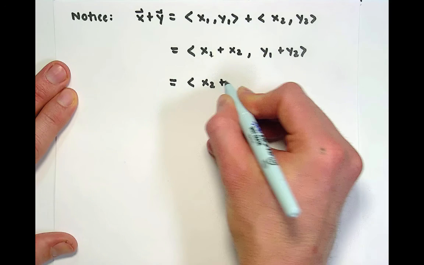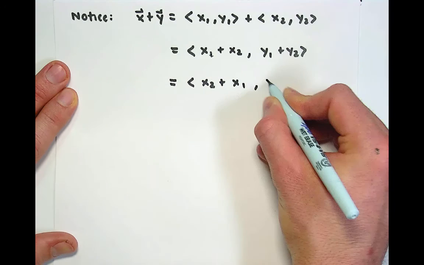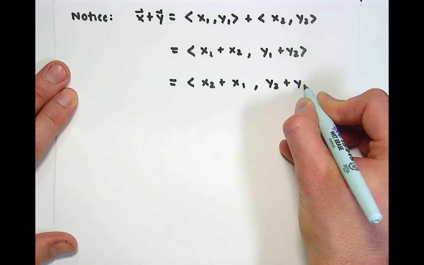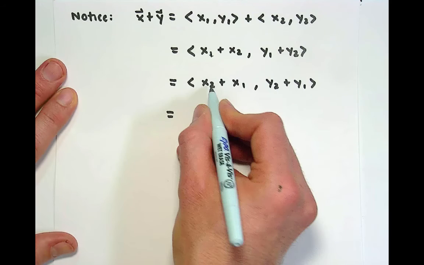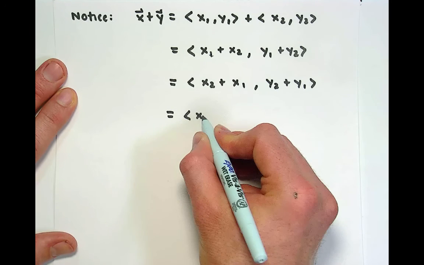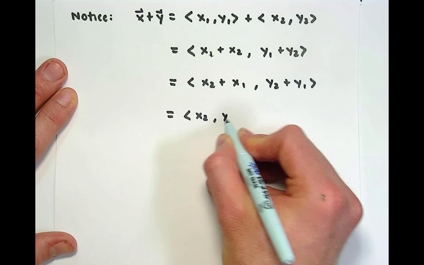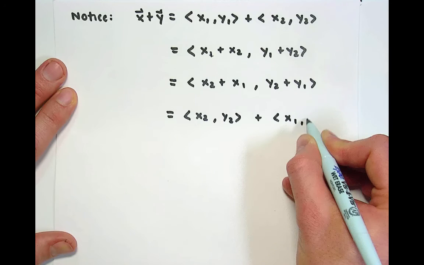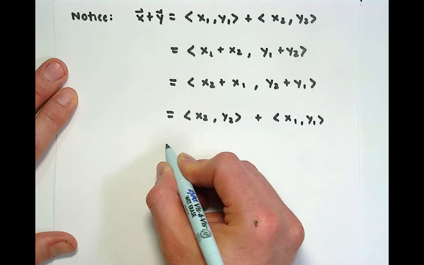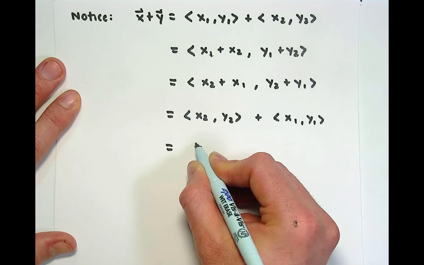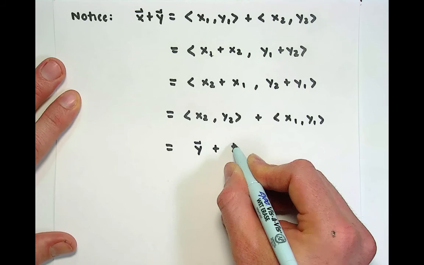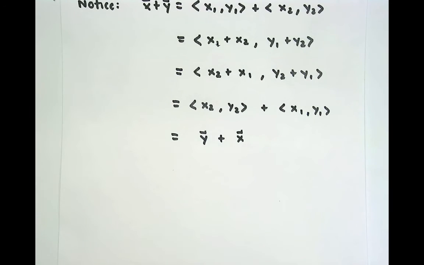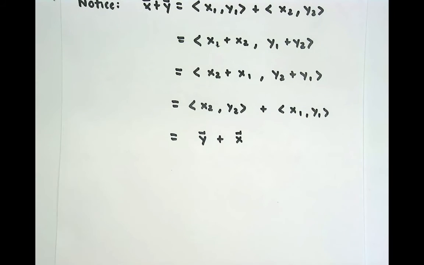This scalar addition can be done in any order, which means I can switch the order of this because of the behavior of scalar additions in real numbers. But then I can use the definition of vector addition to break these apart. And what we've just shown is we now have an algebraic identity that says that vector addition can be done in any way.